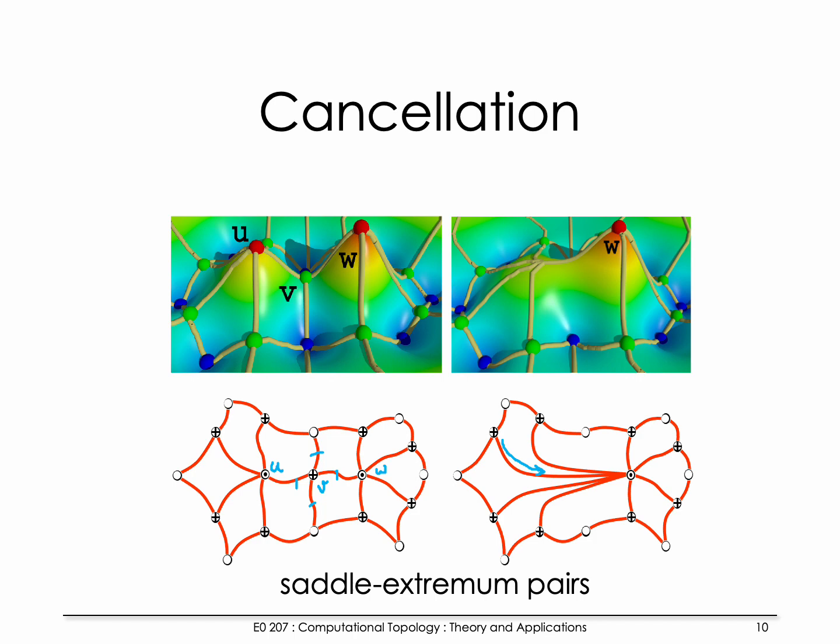But if you look at just the combinatorial structure, the simplification is a very easy operation. This essentially is just removing this arc uv, right, and modifying the neighborhood of uv according to a well-defined rule.